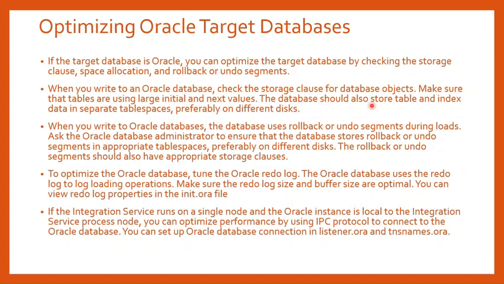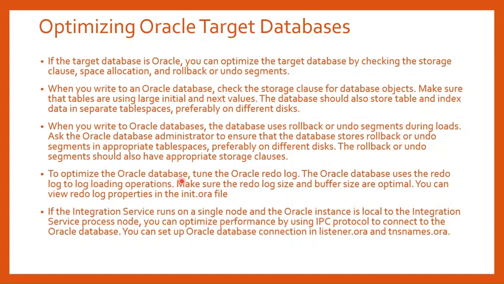The database should also store table and index data in separate tablespaces, preferably on different disks. When you write to an Oracle database, the database uses rollback or undo segments during loads. Ask the Oracle database admin to ensure that the database stores rollback or undo segments in an appropriate tablespace, because otherwise it will be difficult to roll back. Preferably on different disks; rollback or undo segments should also have appropriate storage class.